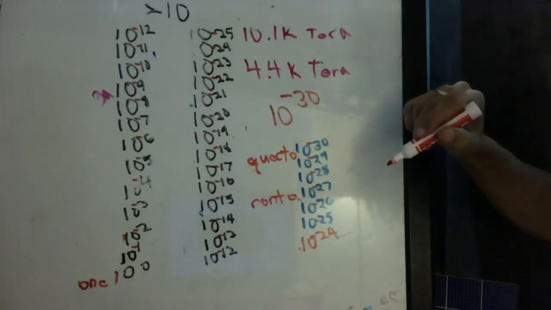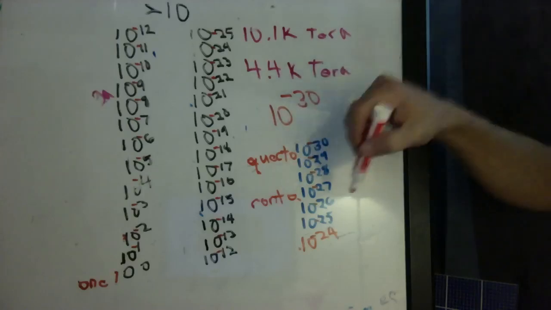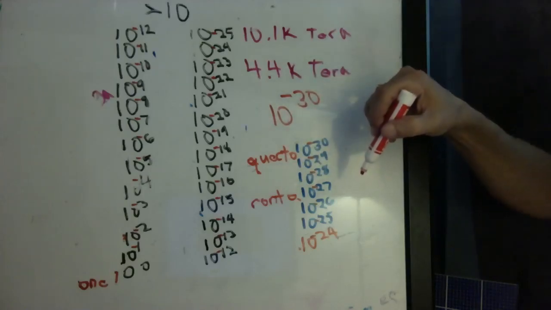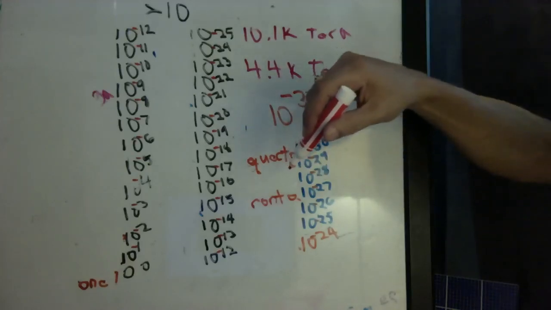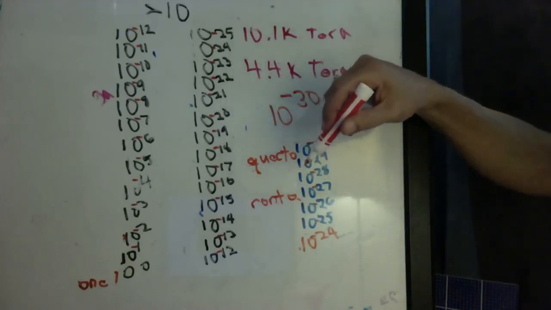And then this is a septillionth, right? This is an octillionth. This is a septillionth. A yoctosecond. Think about a yoctosecond.